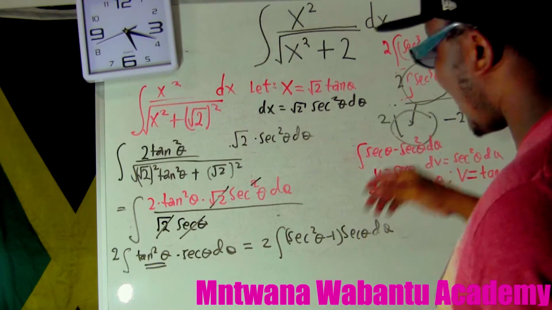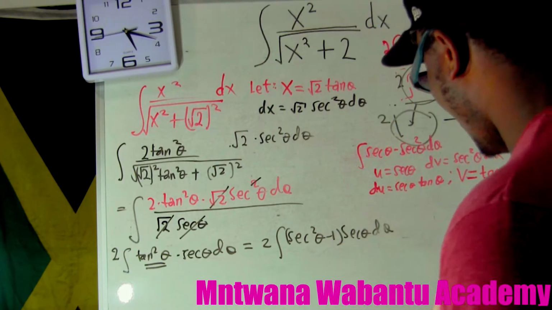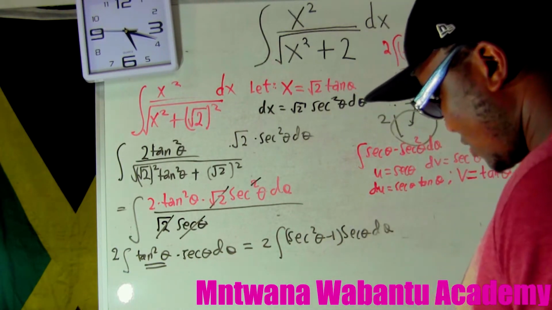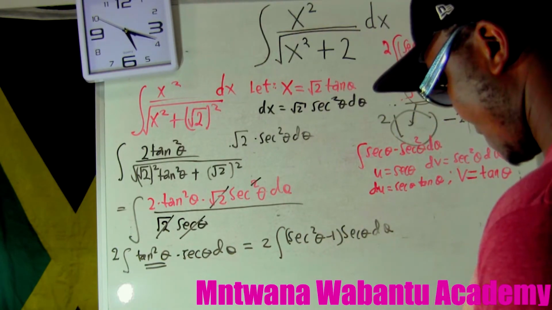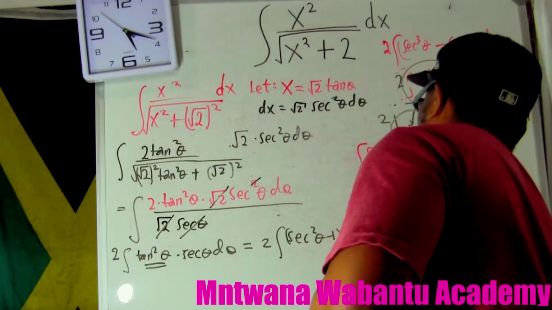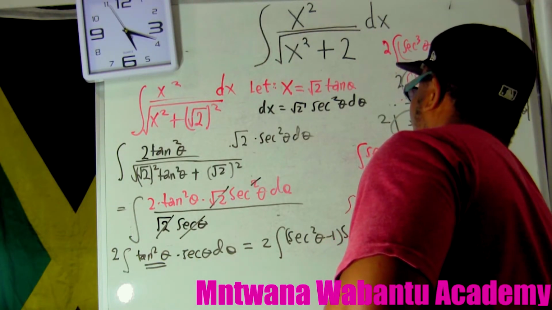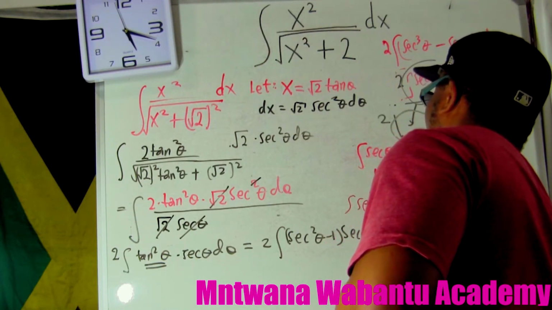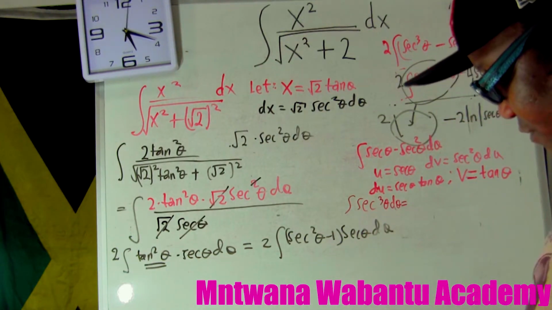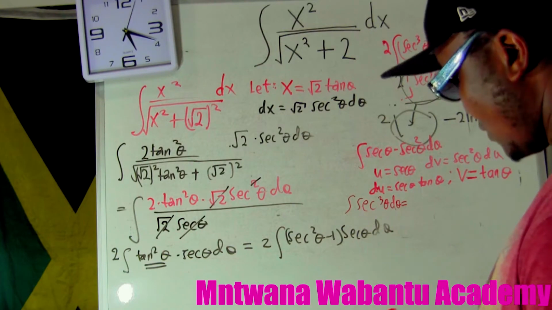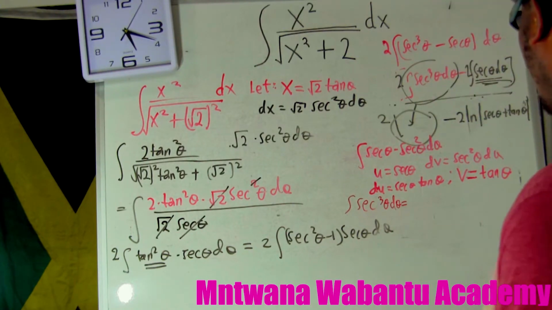So what we're going to do is plug into the integration by parts formula. We're going to have the integral of sec cube theta d theta equal to uv. What is u?